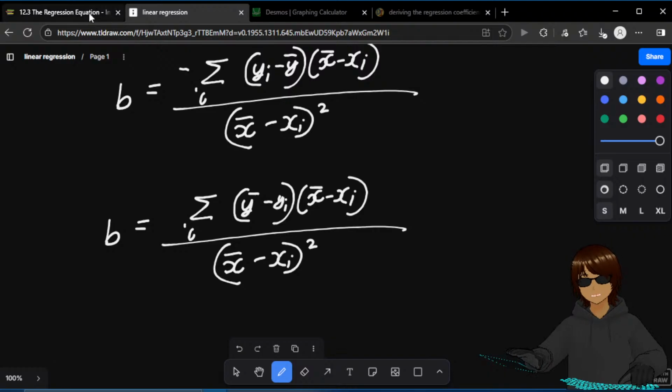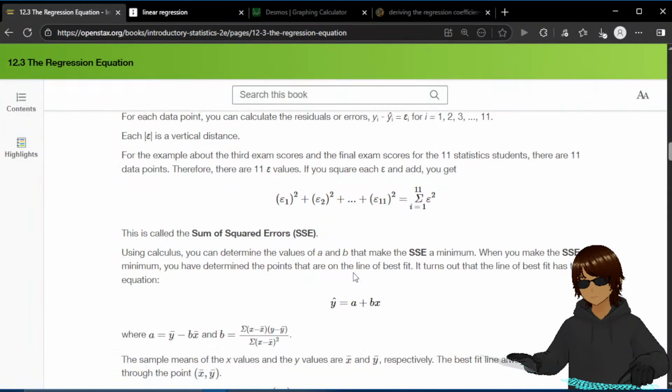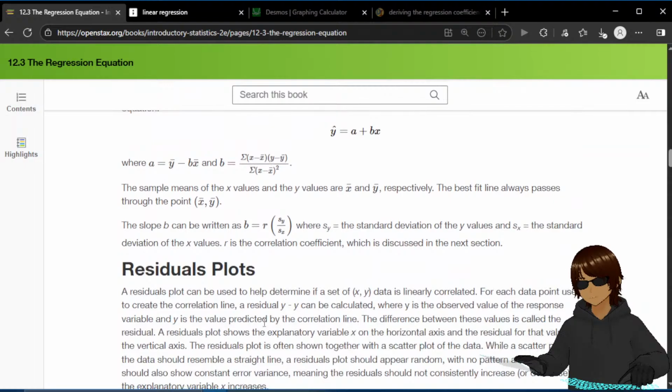Then I end up with this as the p value. Yep.